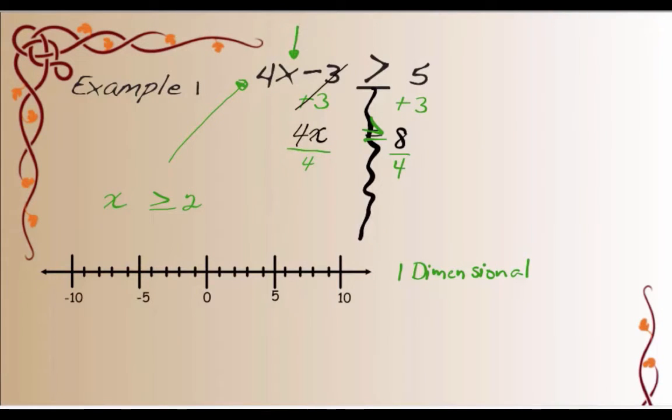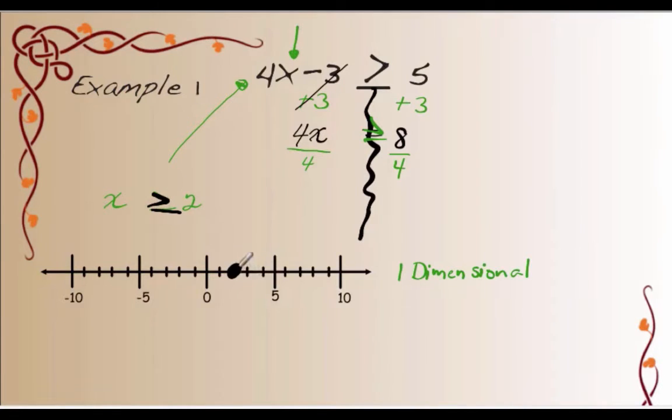And this says that my x value can equal 2. So I come down here to the number 2, I circle it, and I color it in, because when we color in math, that represents truth. Greater than 2.